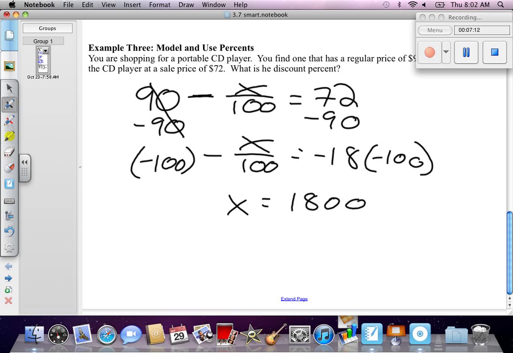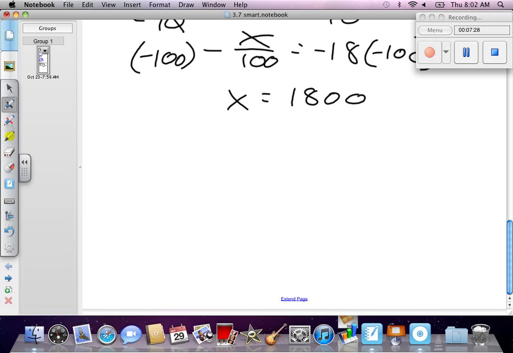Okay. We've got $90. We know we end up paying $72. So we've got to figure out how much percent it's off. So let's start with this instead. 90 minus 72 gives us, we know it took $18 off. So what we want to find is how much percent is 18 of 90.